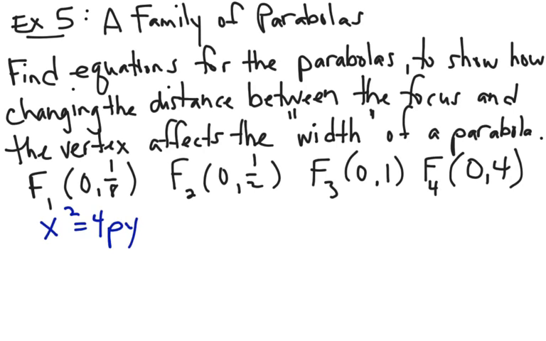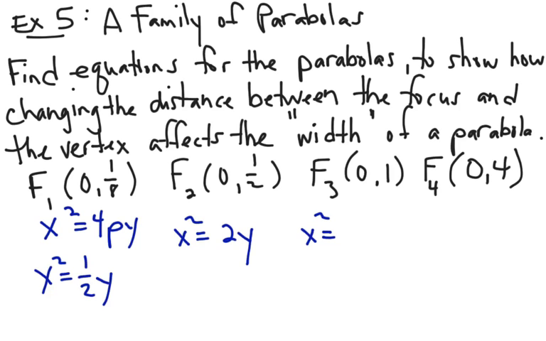Well, if the focus is at 0, 1/8, that means p is 1/8. So x squared is equal to 4 times 1/8 times y. Here, x squared is equal to 4 times 1/2 y. In the next one, F3, x squared is equal to 4 times 1 times y.